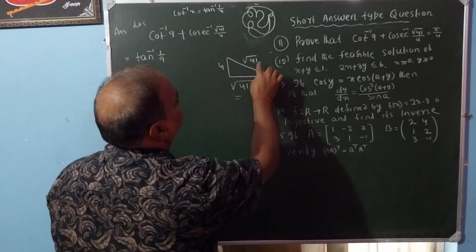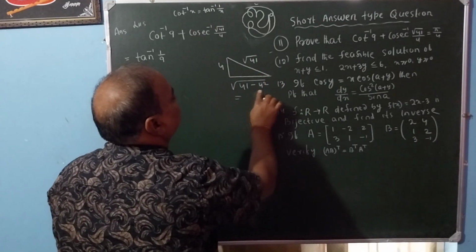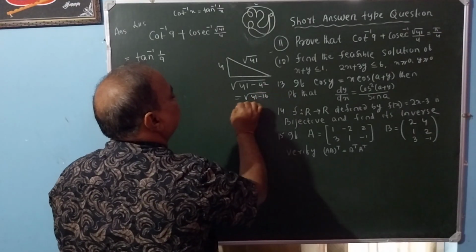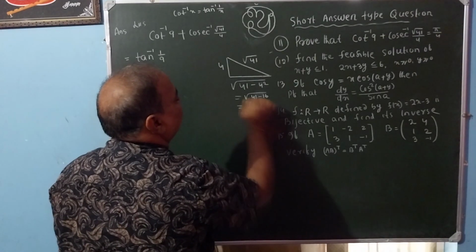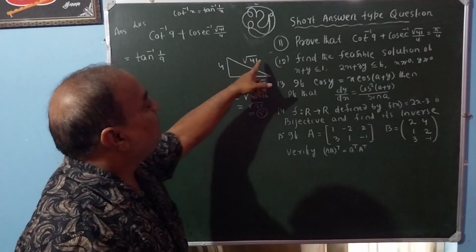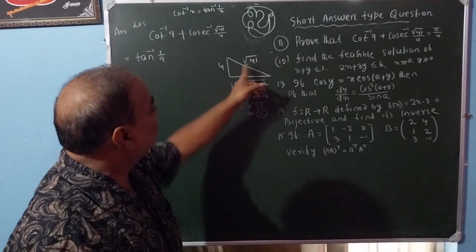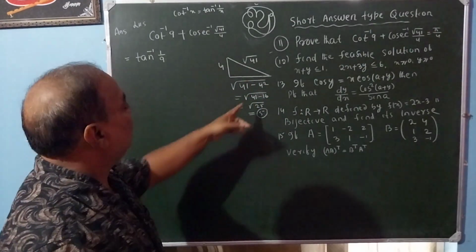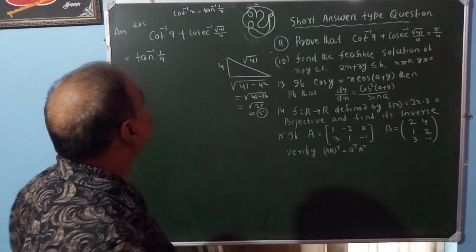B is root over of H square minus P square, that is 41 minus 4 square, 41 minus 16. By using Pythagoras theorem, it is root over 25, that is 5. So base is coming out as 5.